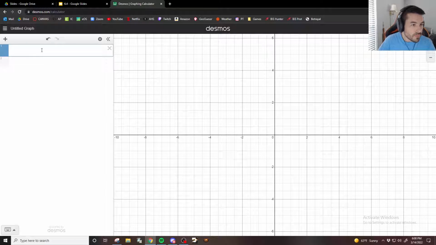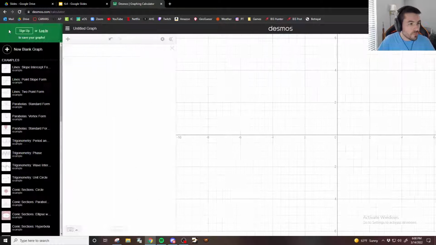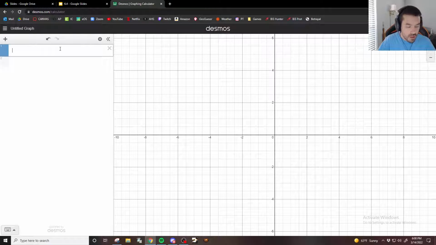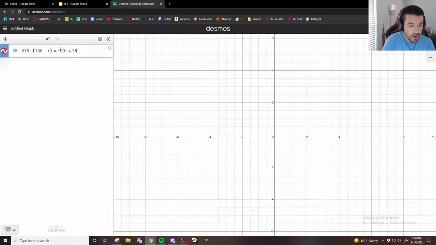Can you solve equations for x on Desmos? I think you can. Let me just type this in. So we had 25 times 0.515 times 100 minus x, and that was equal to 100 times 4.18 times x minus 25.